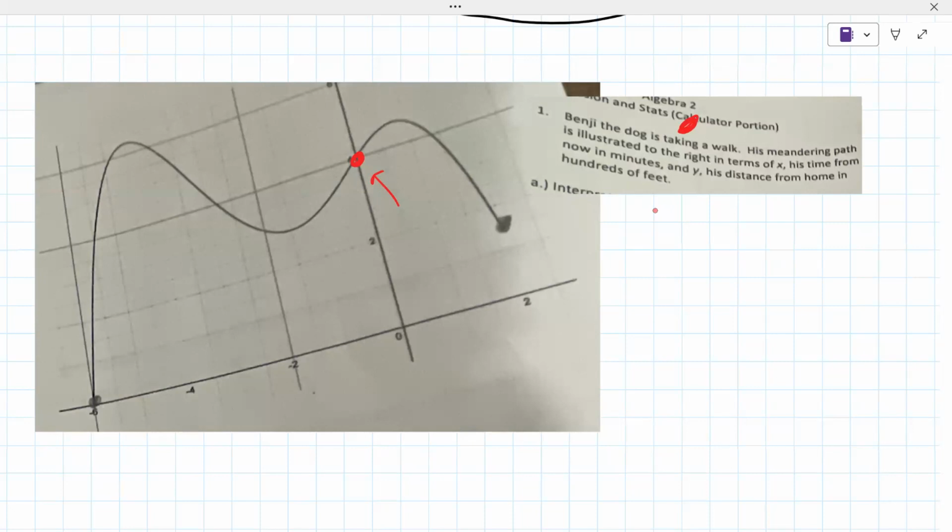I just don't know. I prefer you to say you don't know than to just keep guessing and wasting time here. So the coordinates are x comma y.